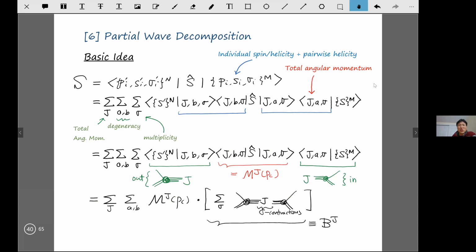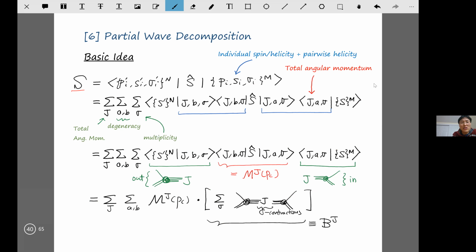Here is the fuller picture of that. The S matrix can be written as a sandwich of the S operator between in and out states. There is some number of in states, with momentum, spin, and other indices like pairwise helicity. And likewise, there's a similar thing for the final state.